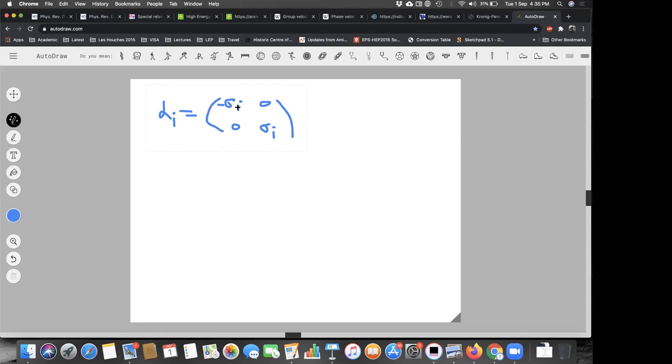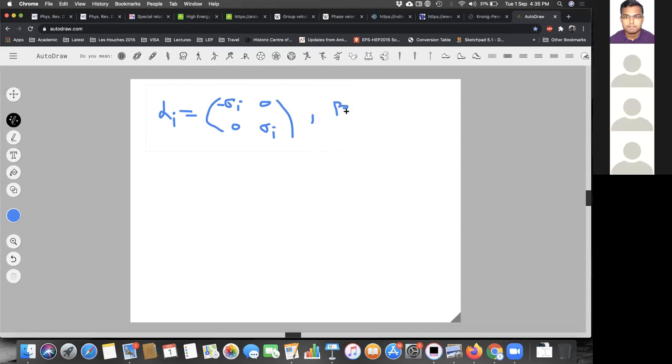And this is traceless. The minus sign is necessary to make it traceless. I need to check whether it should be here or here, but I guess it's okay. And my beta is just not diagonal. By the way, not all of the alphas are diagonal. Only one of them can be diagonal, right? So which one is diagonal here?